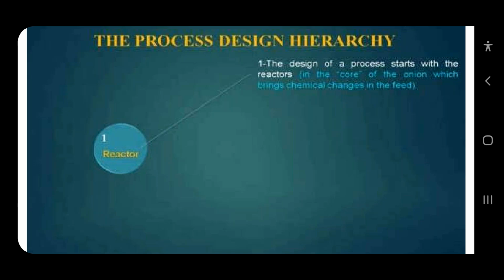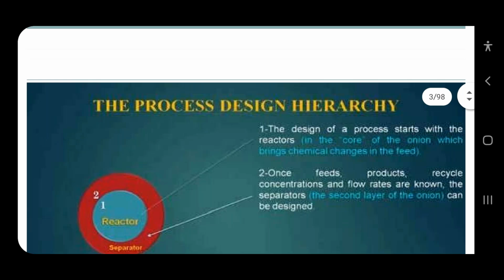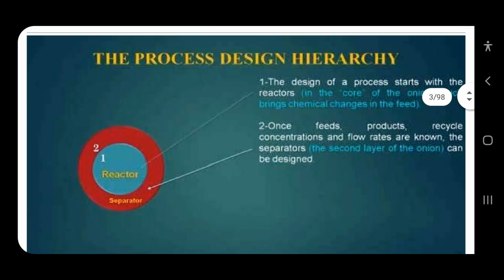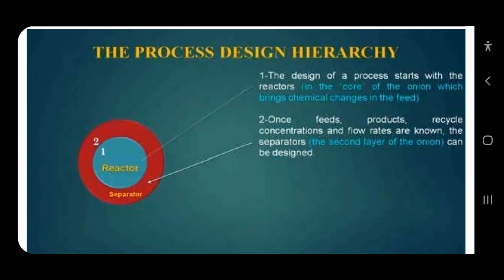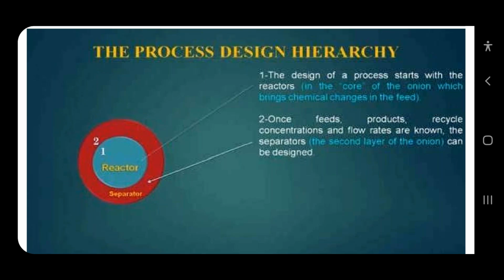So first you select the reactor, then once feeds, products and recycle concentration and flow rates are known, the separators, the second layer of the onion, can be designed. In slide number 3, there is a second layer, that is a separator.